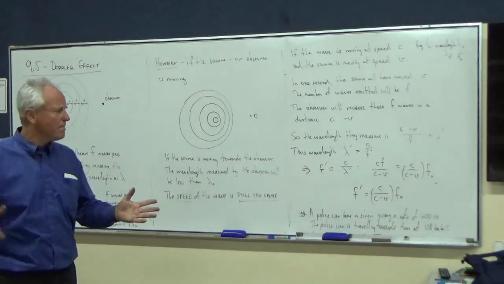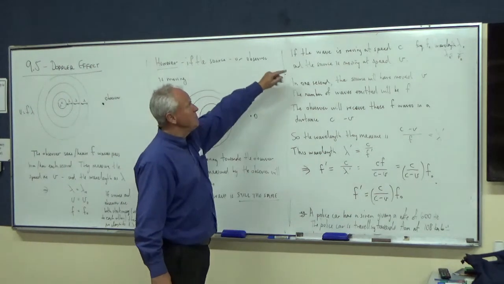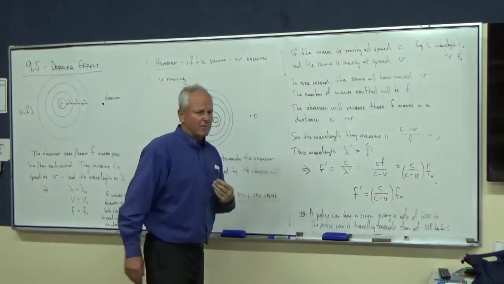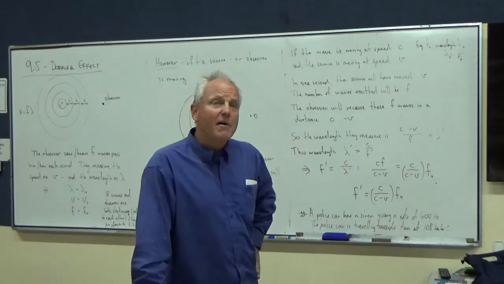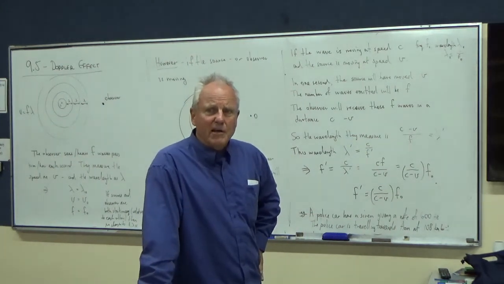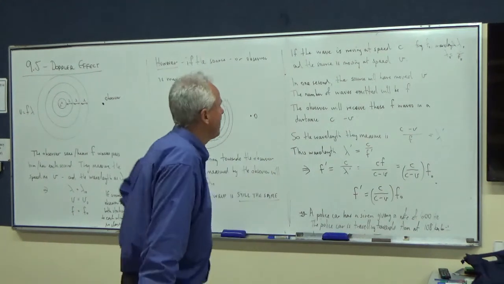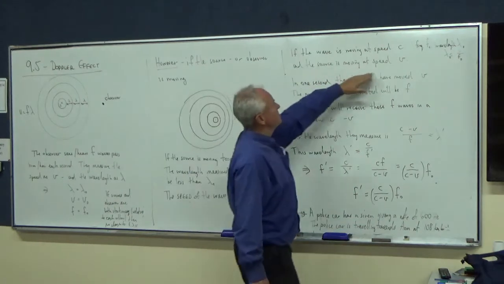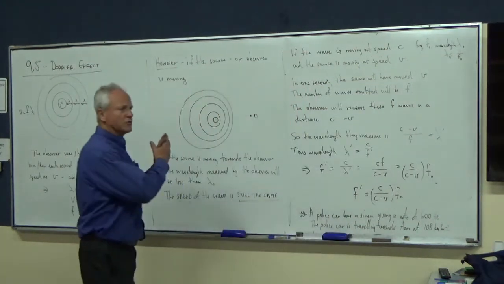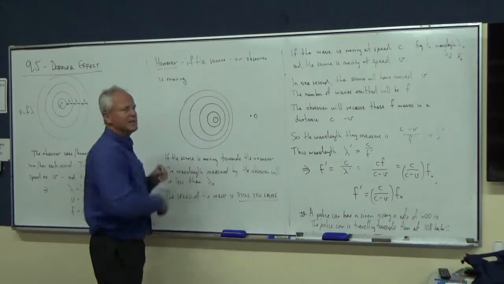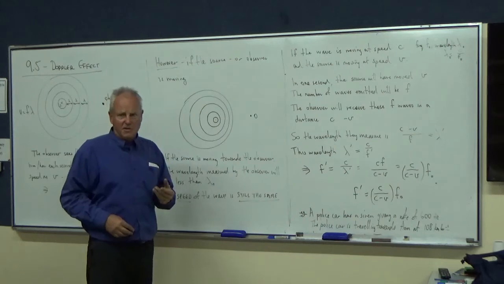Important point. So if the wave is moving at speed c, now we often use c, which of course is the speed of light, but often we can use that as the speed of a wave, and the source is moving at speed v. So we've got two different speeds there. The speed of the wave is c, the speed of the source is v.